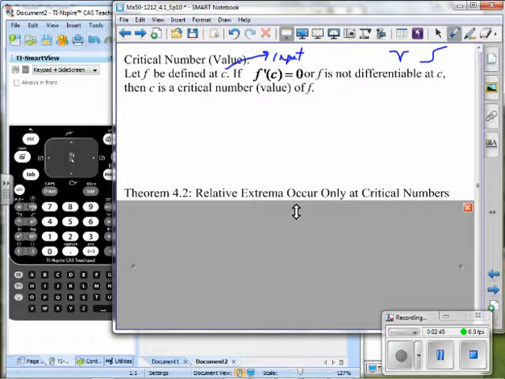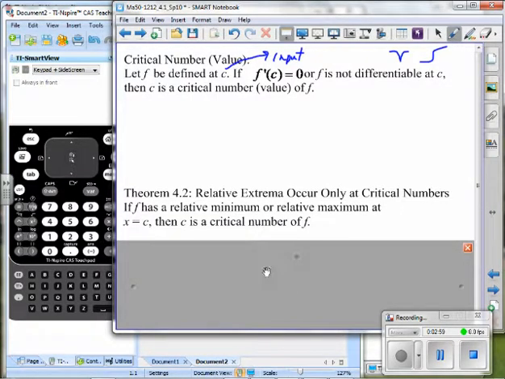We're kind of saying the same thing, aren't we? Didn't we just define the fact that at a maximum or minimum we have what we call a critical number? And now we're saying that relative extrema occur only at critical numbers. So if the function has a relative minimum or maximum at x equals c, then that value c is a critical number.